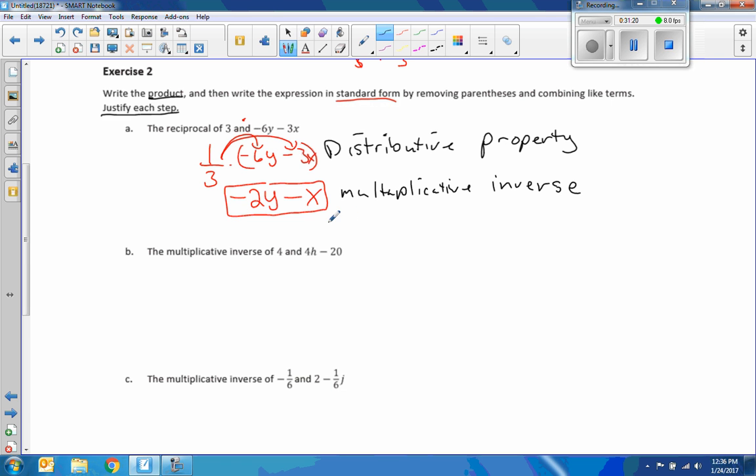And it's also the multiplicative identity. So I multiplied by the inverse here, but I multiplied 1/3 by 3 and got 1, so that's also the multiplicative identity. Okay?